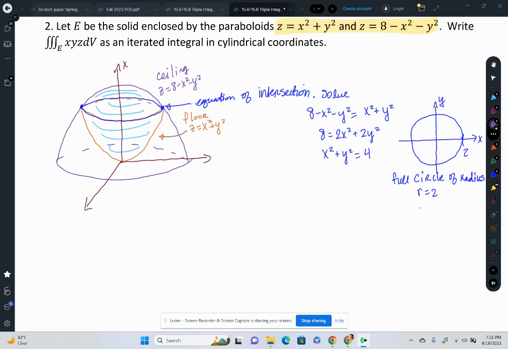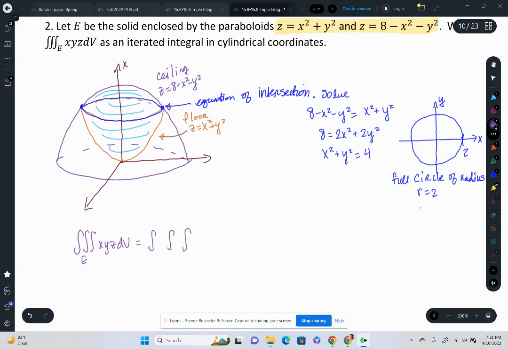Okay, so when we set up our integral, we have the triple integral, write this closer, over E of xyz dV is equal to a triple integral, and I've got to fill in the blanks now. Z is going from x squared plus y squared up to 8 minus x squared minus y squared.